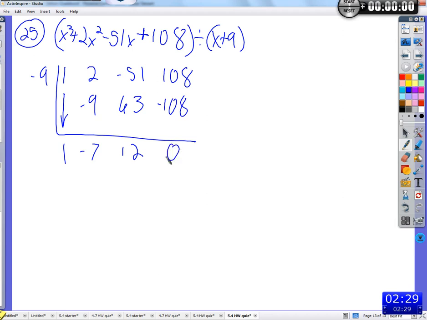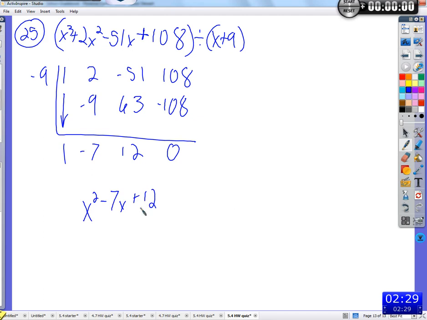Okay, so we divide x cubed plus 2x squared minus 51x plus 108 by x plus 9. What do we get? What is the resulting polynomial? Exactly. We divide this by that, we get that.